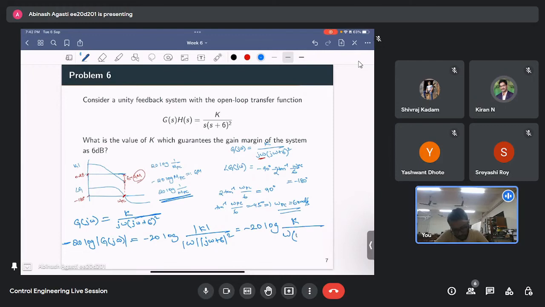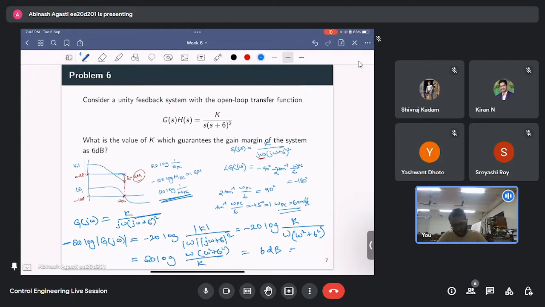So this one is ω square plus 6 square, correct? Yes, sir. So this is minus 20 log, that means this is 20 log ω into (ω square plus 6 square) by K. Now we want this to be 6 dB.